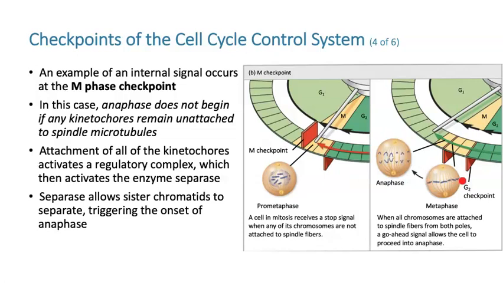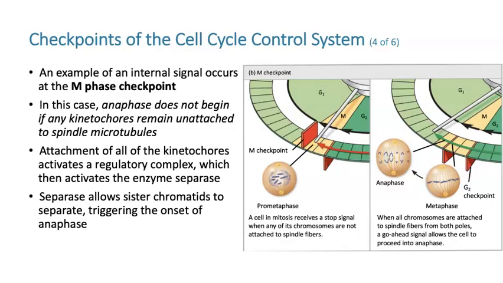So it's saying, did we connect up here properly? Did we get all of our microtubules associated with kinetochores? And if so, then we're going to continue through the M checkpoint and say, yes, okay, we're good. We can move on to anaphase.